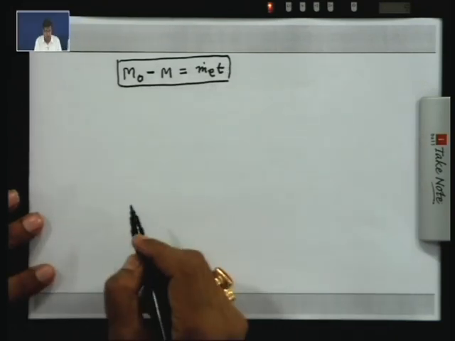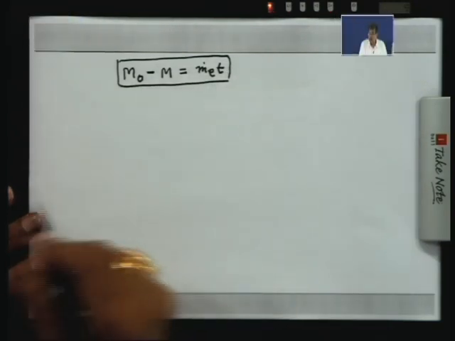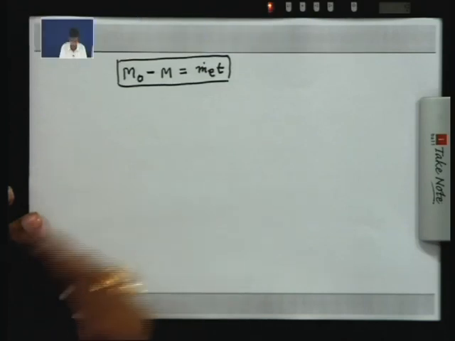Now, I write the conservation of linear momentum.